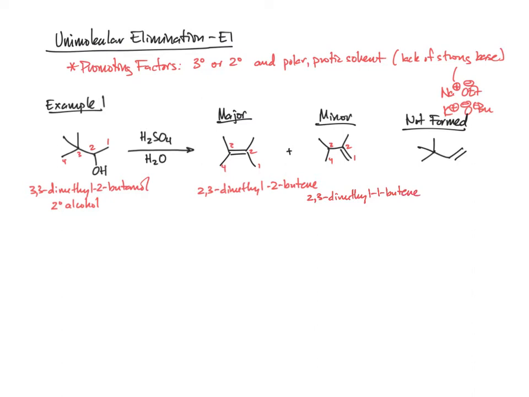And so if we do the same for the product that's not formed, again, even though it's not formed, we want to understand why it is not formed. 1, 2, 3, 4. So here we end up with 3,3-dimethyl-1-butene.